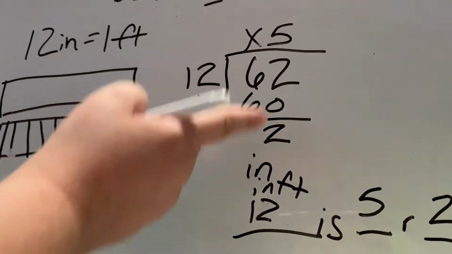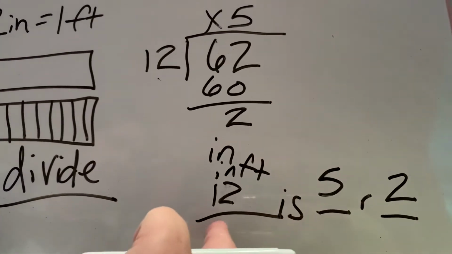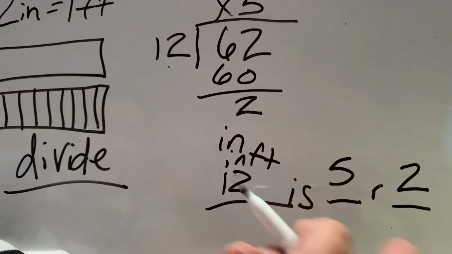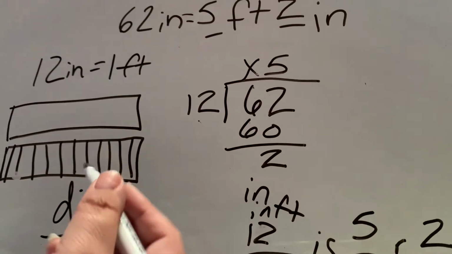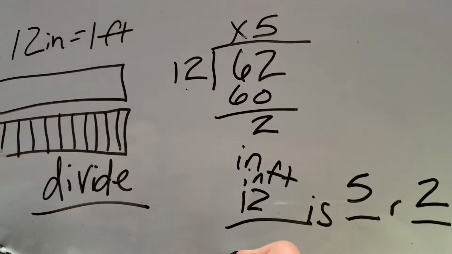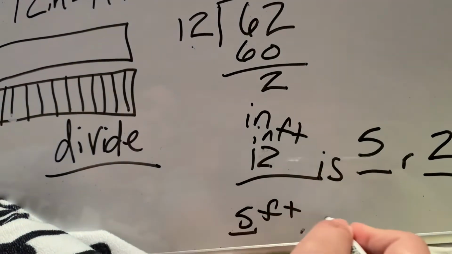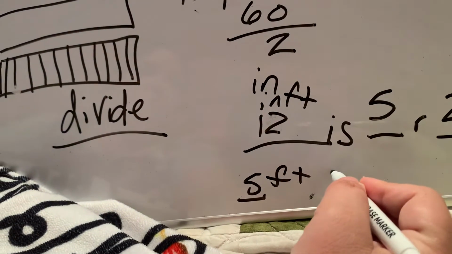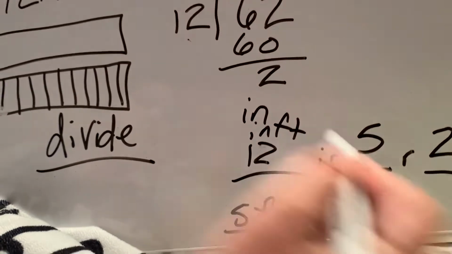Well, that's what we just said. We just talked it out, but these are the blanks that you're going to fill in. So 62 inches is 5 feet, 2 inches.